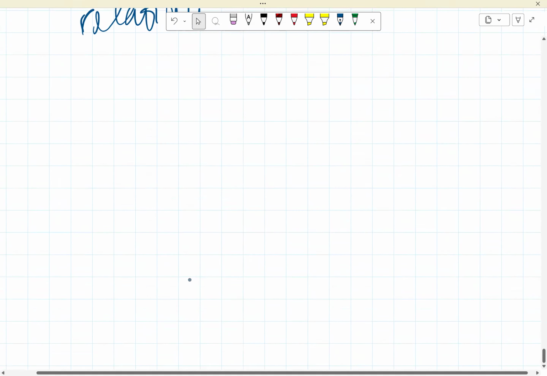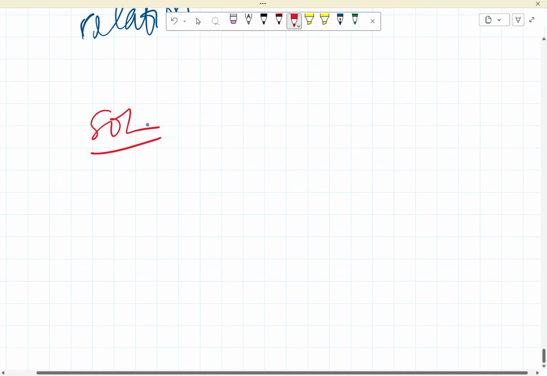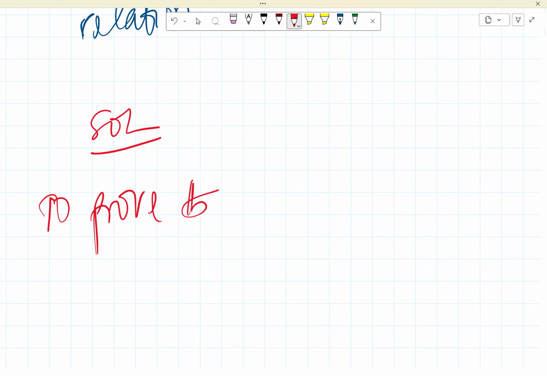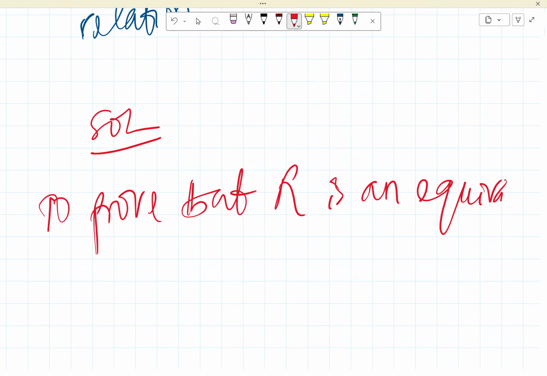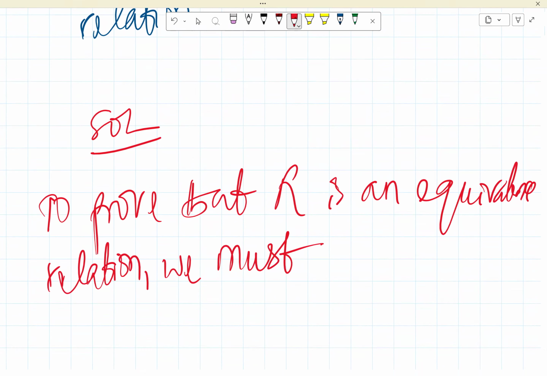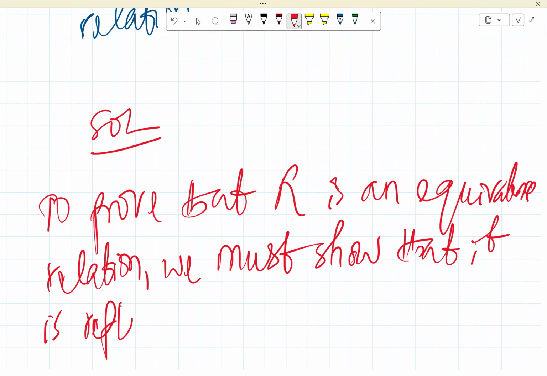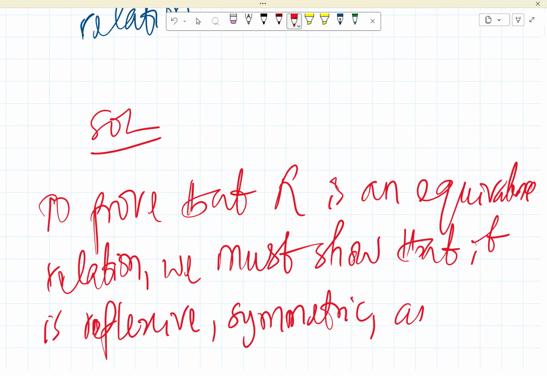So we have the solution. To prove that R is an equivalence relation, we must show that it is reflexive, symmetric, and transitive.